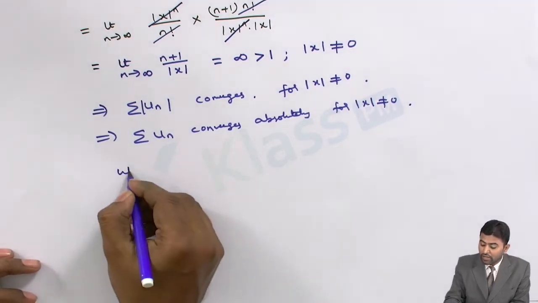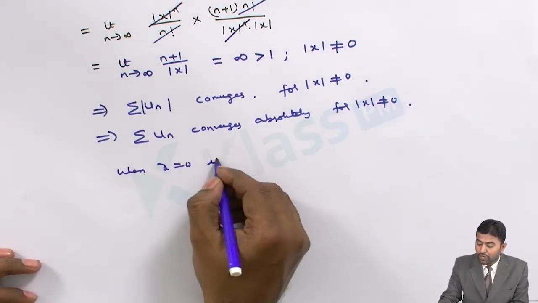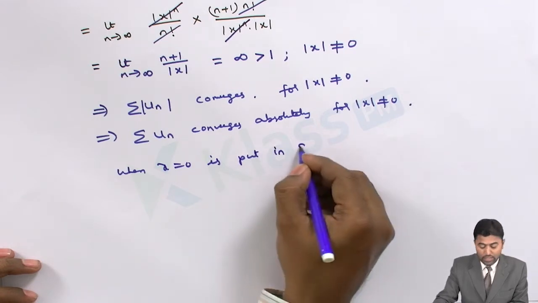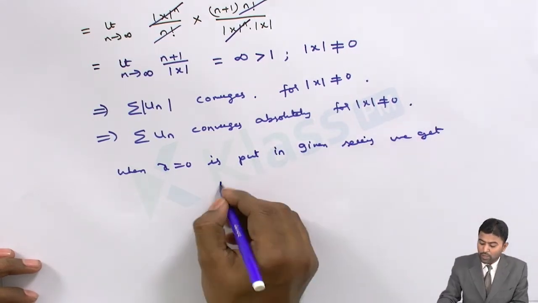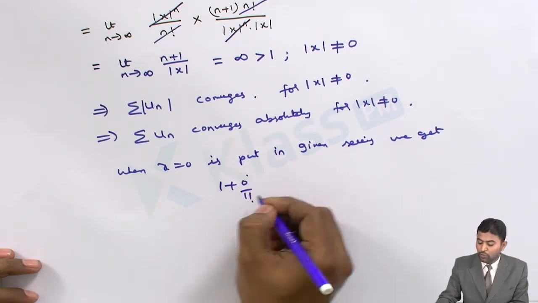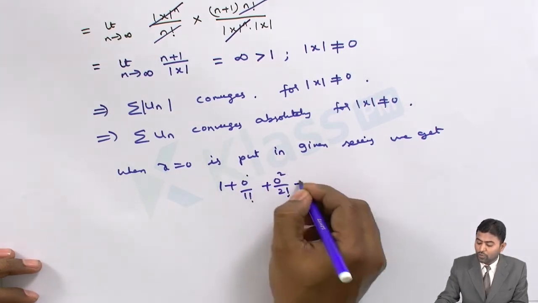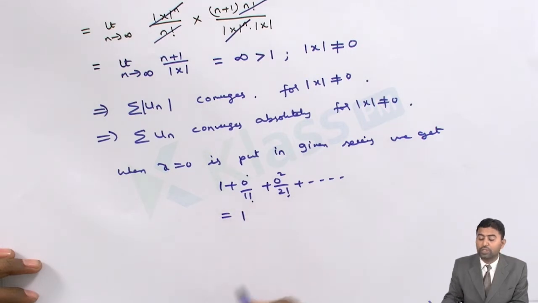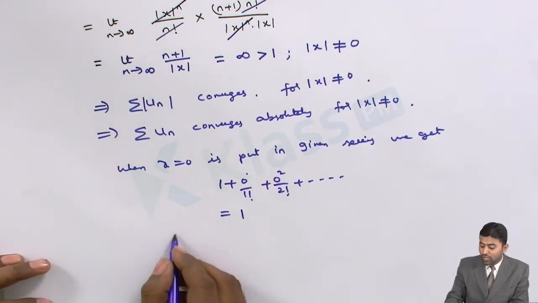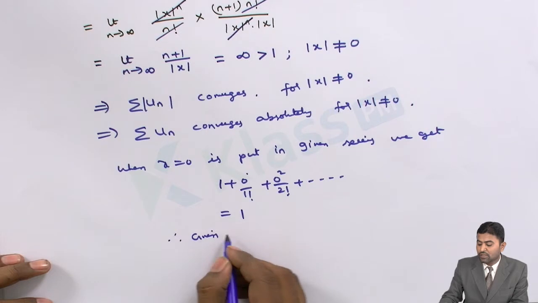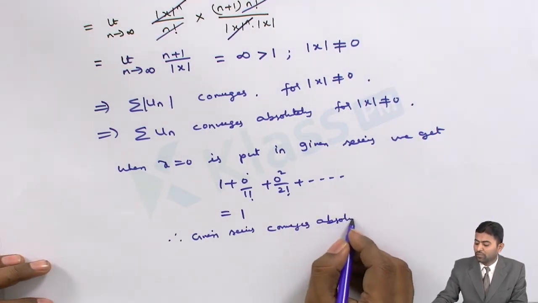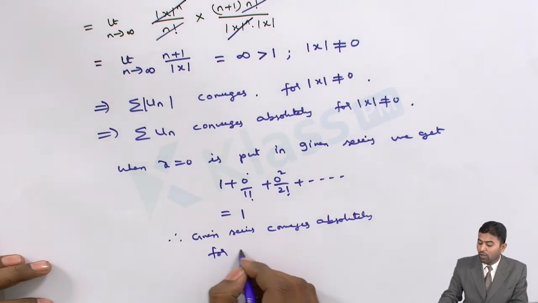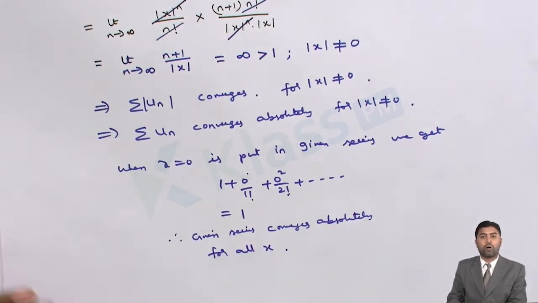When x is equal to 0 is put in the given series, we get 1 plus 0 by 1 factorial plus 0 square by 2 factorial plus and so on, which is going to give the answer as a finite value. So therefore, the given series converges absolutely for all x, converges for all x.